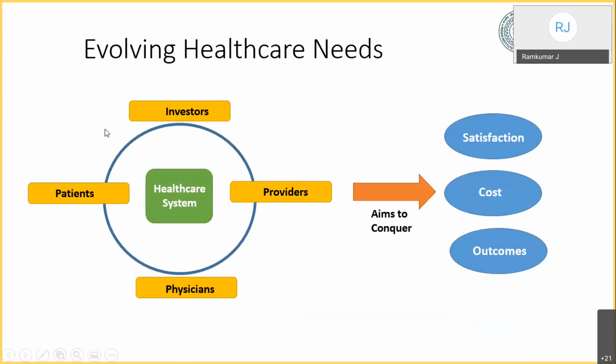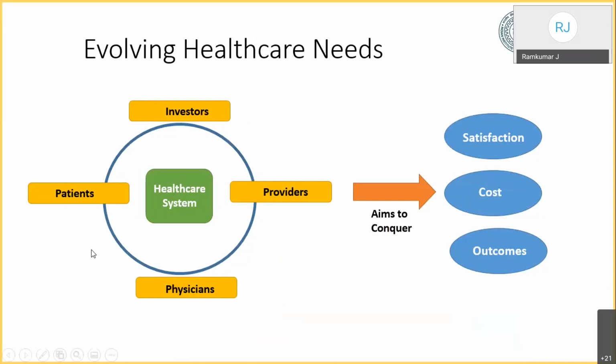If I look at a pathology lab, there is an investor who comes and says, okay, I invest 5 crores. And what is he interested in? He is interested to make the 5 crores into 6 crores by the end of the year. That is what he looks out for. He is least bothered whether the patient is happy, doctor is happy, this is happy, that is happy. That's all it is.